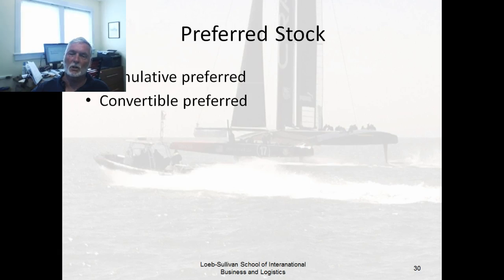Generally speaking, convertible preferred or convertible bonds will carry a lower dividend rate or a lower interest rate because of the convertible option. So you get less. It's more attractive to the investor, so they're willing to accept a lower price. So that's as far as we're going to go for Chapter 5, Part 2.